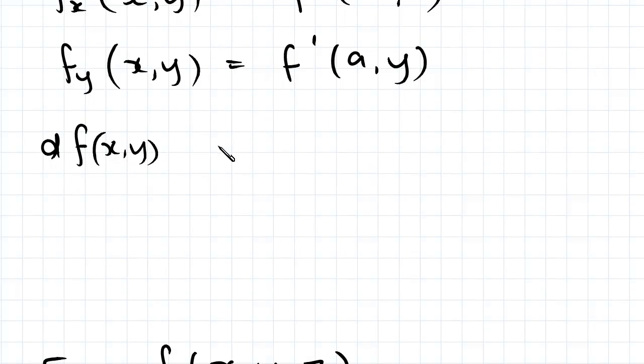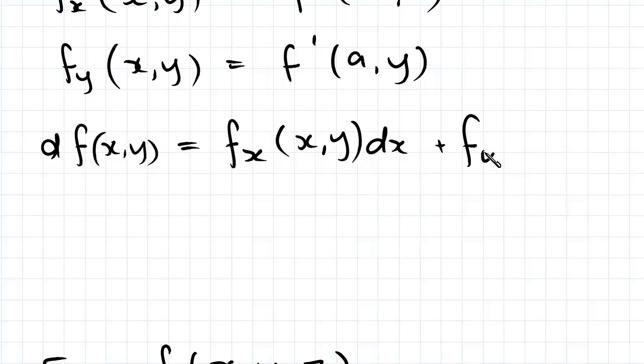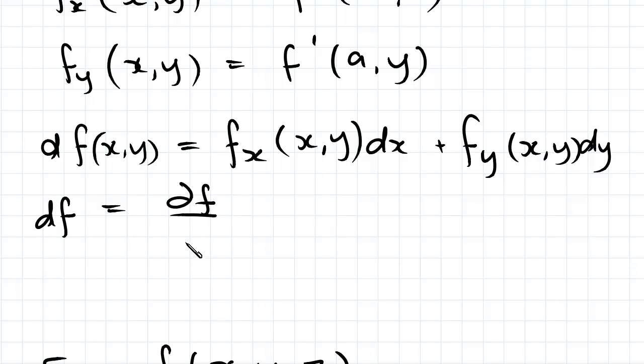So df(x,y) will end up equaling the partial derivative of f with respect to x times dx plus the partial derivative with respect to y times dy. And another way to write this is using delta. So here we have df equals delta f on delta x.